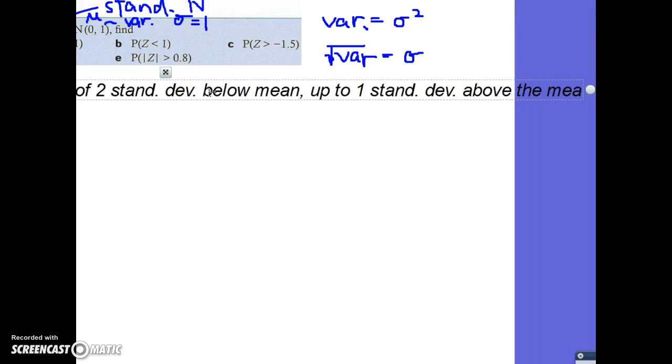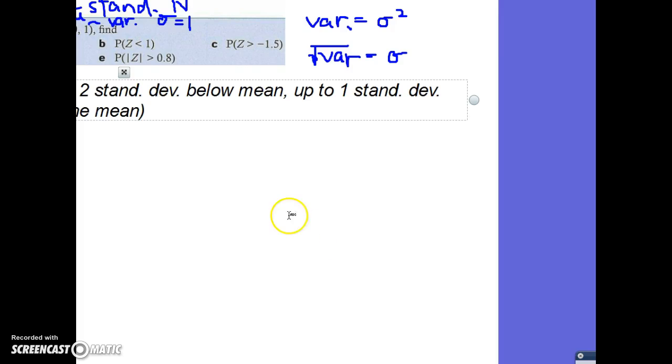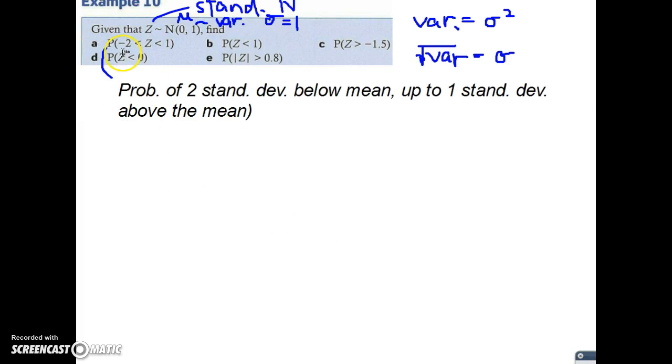That's what that whole chunk represents. By saying this, they're asking us to find the probability from two standard deviations below the mean all the way up to 1 standard deviation above the mean.